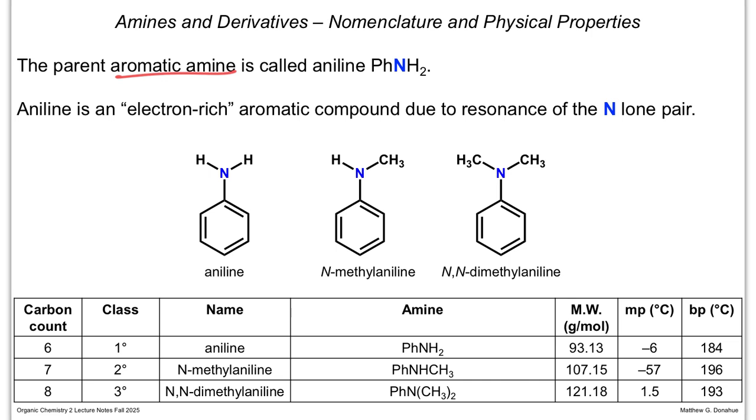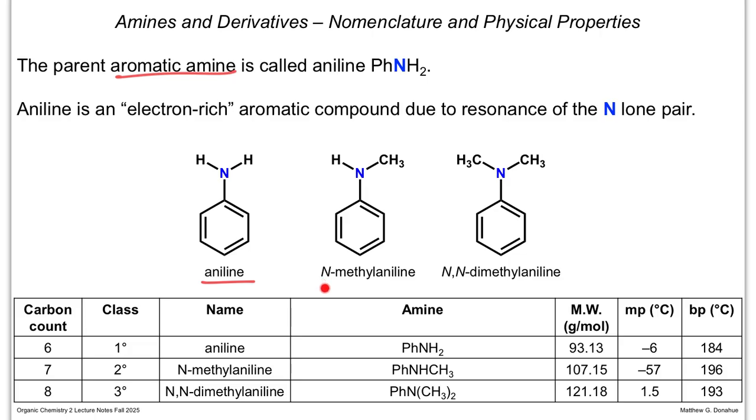The first one is called aniline. We would classify this as a primary amine. We have an sp2 hybridized carbon, and that's in a benzene ring, so aniline. Then we can substitute H for methyl. That makes N-methylaniline.